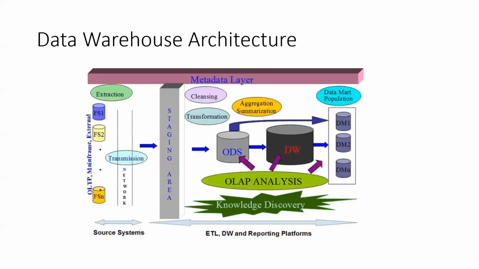This is a quick architecture diagram, which I just took from a portal. It's the same thing with some more details. Those are various source systems, like FS1, FS2, and the database source systems. We can rather say those are always OLTP source systems. Through the mainframe, we are receiving the data from the transaction point of view.